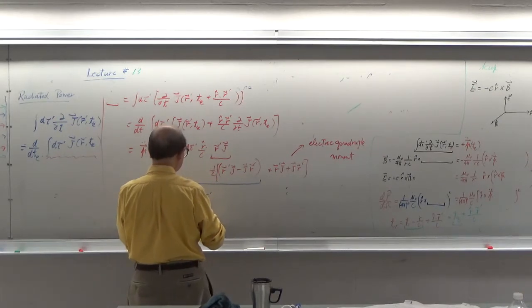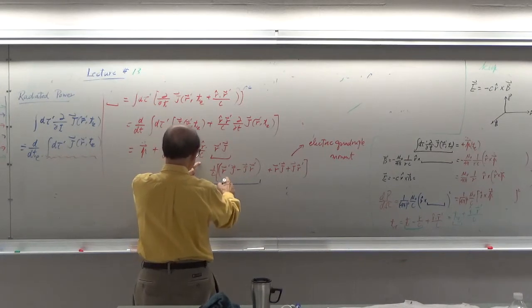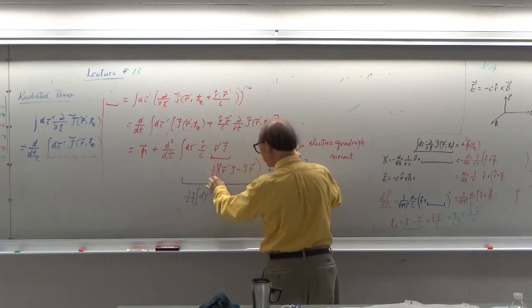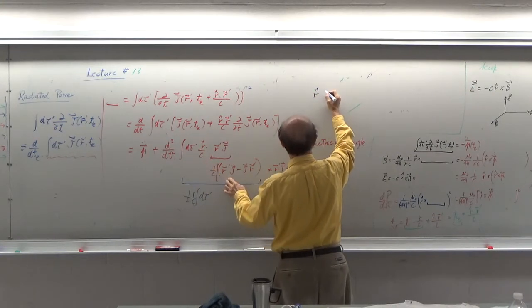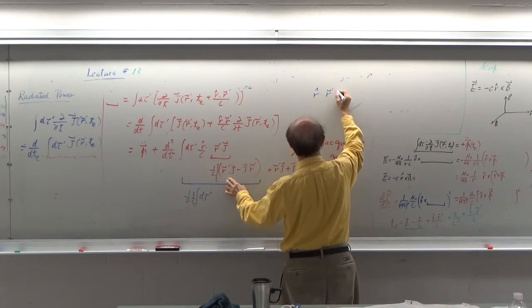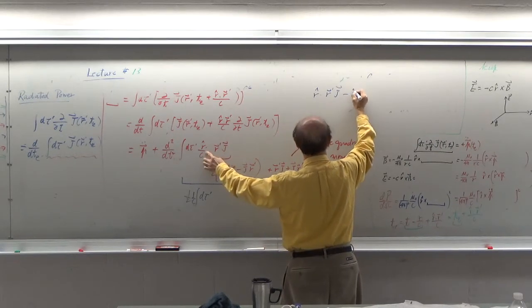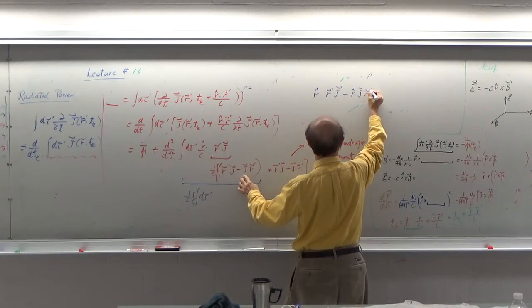Let me be careful. So let me omit this 1/2c. So let me consider R hat dot R prime J minus R hat dot J R prime.